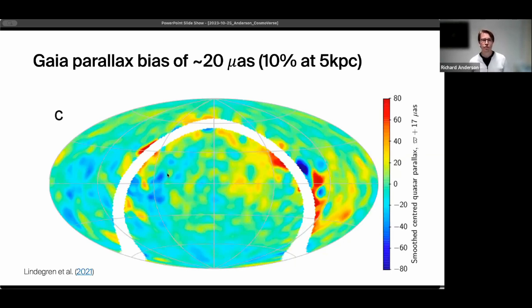And then if you do a map over the sky, you see that there's quite a large amount of spatial correlation, and this has been quantified by Lindgren et al., using terms that are magnitude dependent, color dependent, and position dependent. However, a lot of work has still centered on figuring out just how good these corrections are, if the parallax bias has really been resolved as an issue.